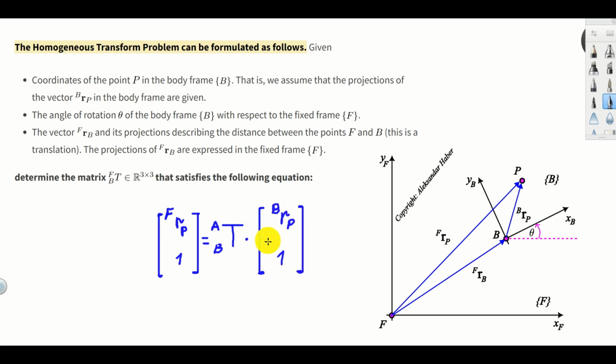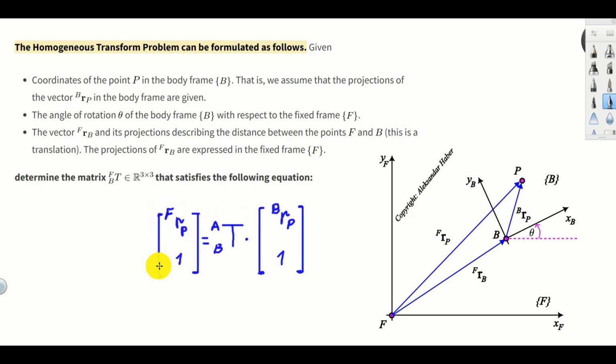This vector over here, consisting of the RPB vector and a scalar 1, takes into account the coordinates of this point P in the coordinate frame B. Then we multiply this complete vector by our homogeneous transform matrix, and as a result, we obtain the RPF vector and 1 over here.